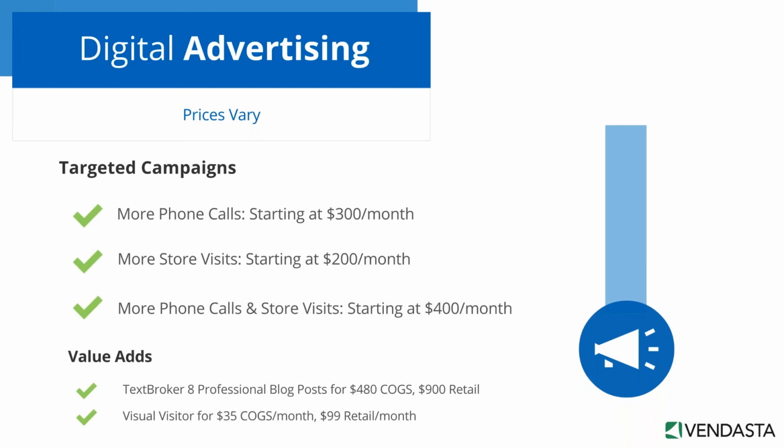Our team offers digital advertising. If you want more information about it, again, definitely talk to your partner success manager. But what we do is we target the campaigns on 3 important facets for the business, which is gaining more phone calls, gaining more store visits, or getting more phone calls and store visits.